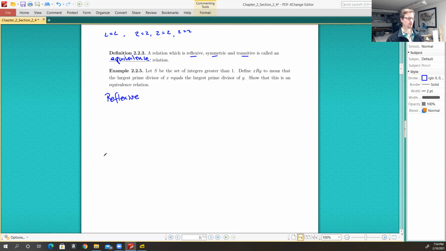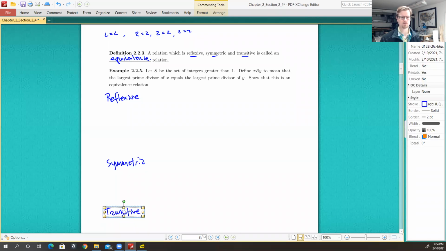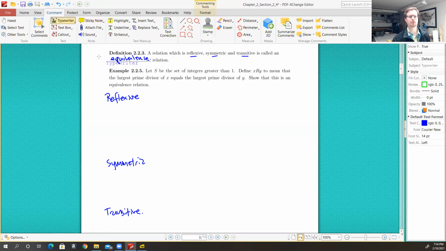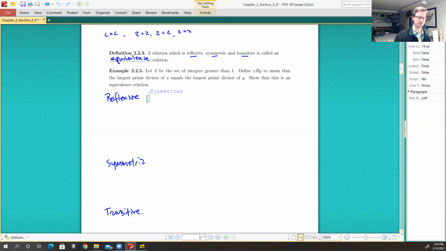And then we'll show symmetric. And we'll show transitive. All right, so I'm going to end up moving these things around. And to make sure everyone can read what I'm writing, I'm going to go ahead and use the typewriter function here for these.